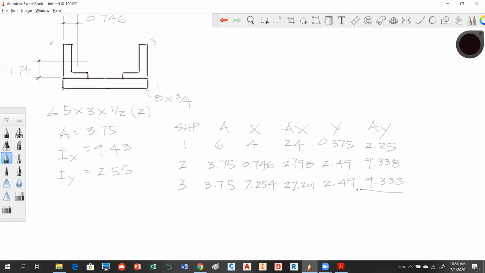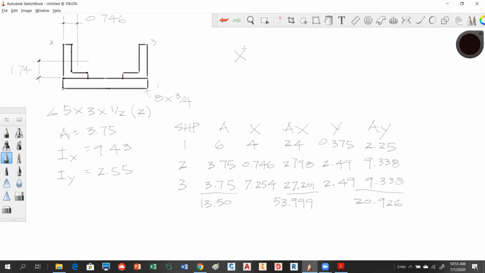Summing that column, that column, and that column, we get 13.5, 53.999, which you can probably round to 54, and 20.926.